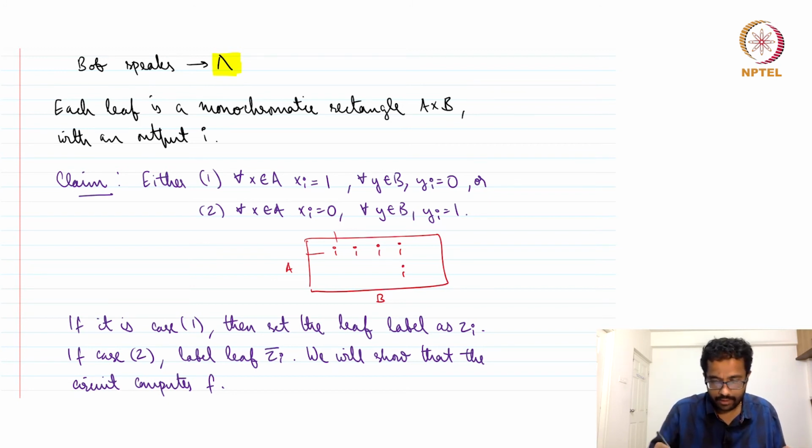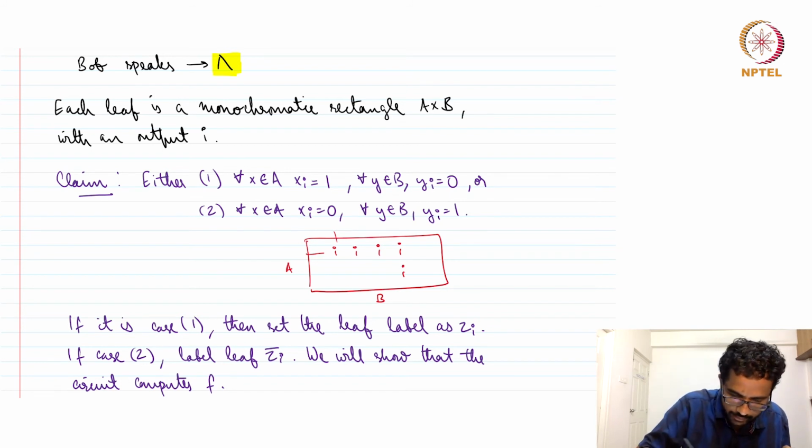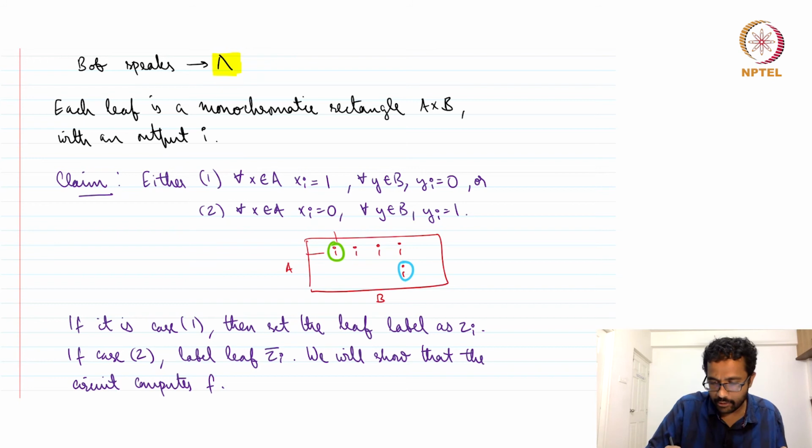Because let's say this entry has x_i equal to 1, y_i equal to 0, and this blue encircled entry has x_i equal to 0, y_i equal to 1. Now consider this purple entry. This will have x_i equal to 1 and y_i equal to 1, which means it cannot output i.